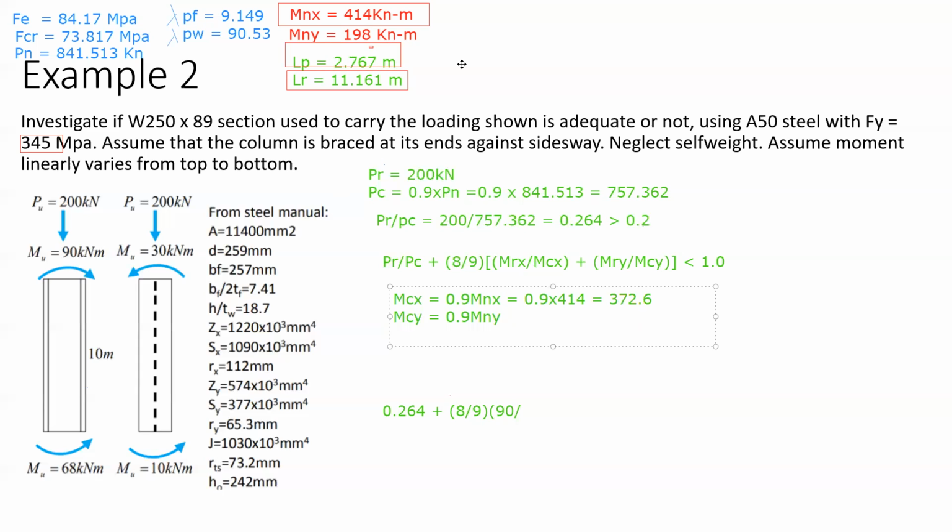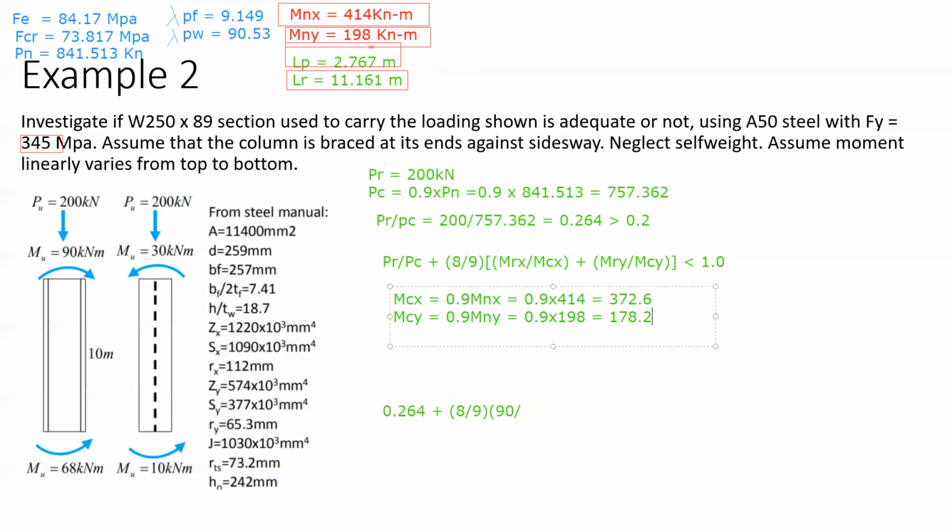This is your MNY above. So we have 0.9 times 198, which is 178.2.